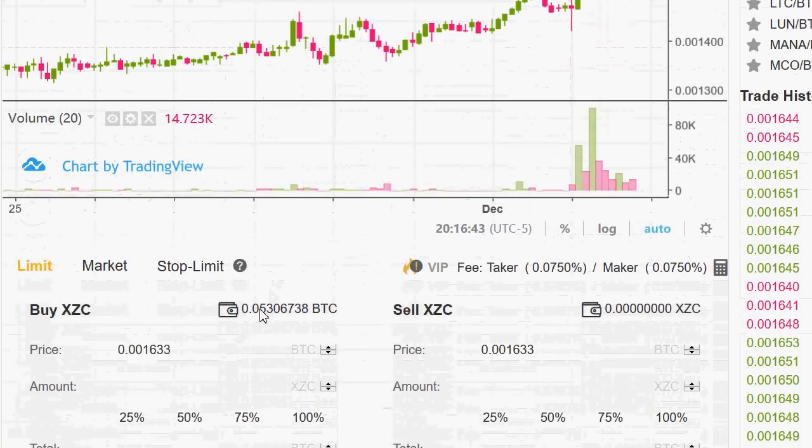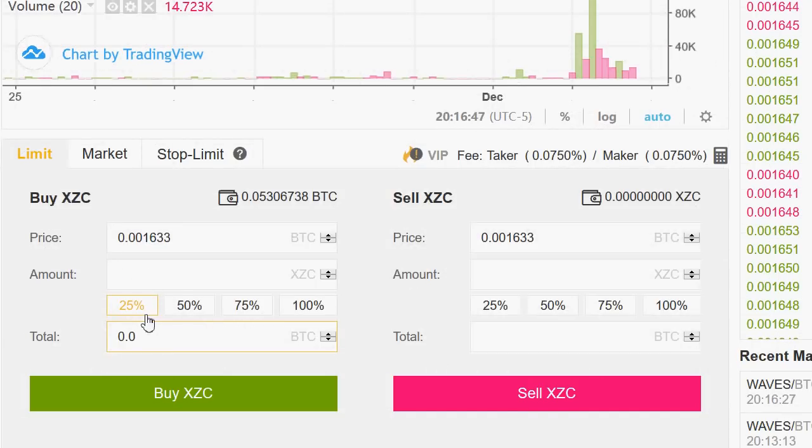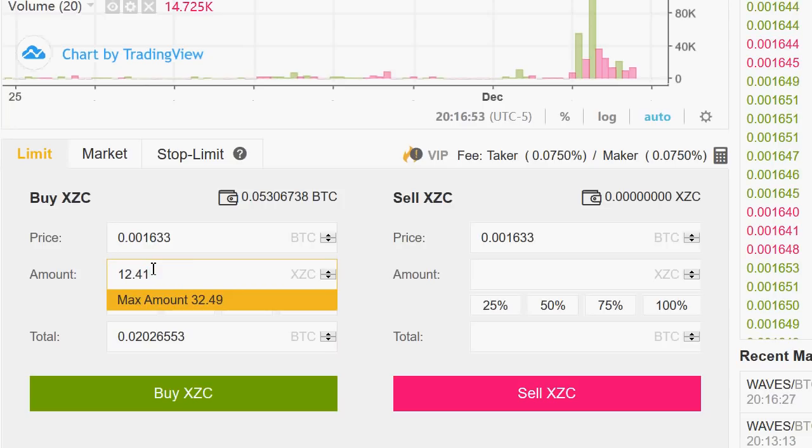I have 0.05 Bitcoin, so I can afford it, maybe just to buy one thing only, of course. So that'd be about 12.4. It's going to cost me 0.01, so I'll have 12.4 in my account. So I'll make the buy.